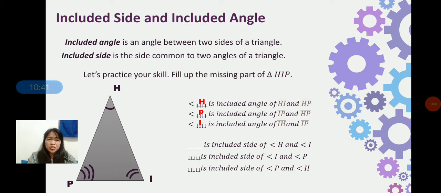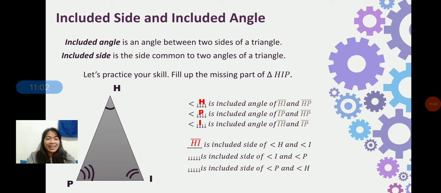Now let us proceed with the included side. In determining the included side, you already have your clue there. You see, blank is the included side of angle H and angle I. All you have to do is combine these two letters and you will have side HI.